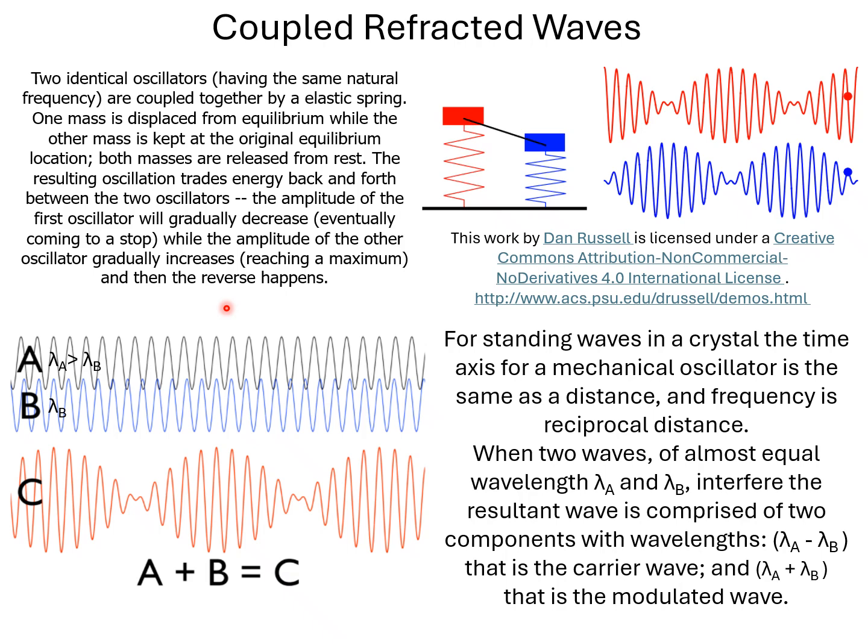Well, sorry, I shouldn't say two waves. Yes, two waves. And you can think of that in terms of how these waves would then interact, the one being slowed down and the one being speeded up.